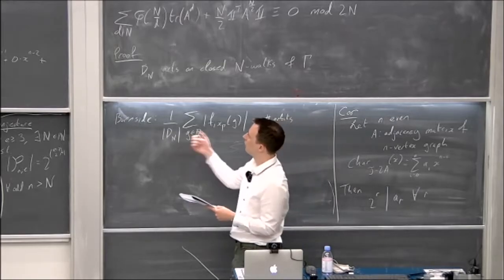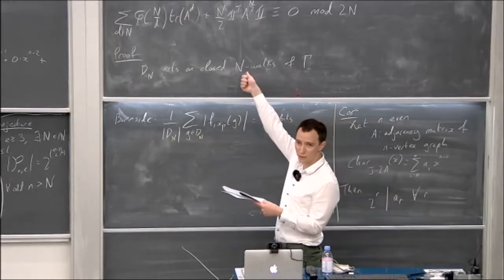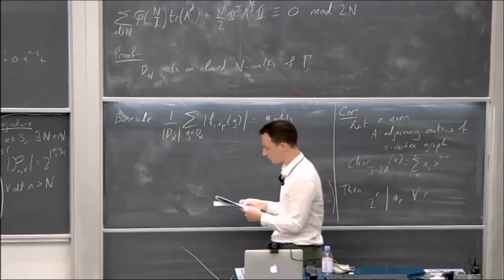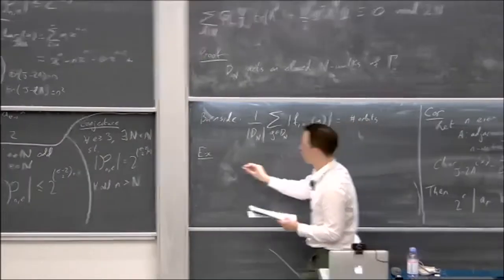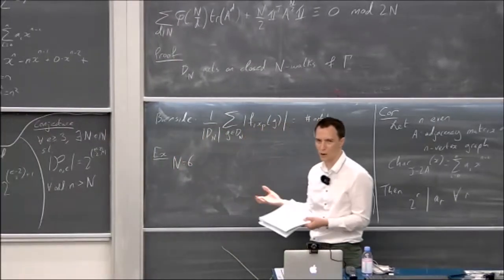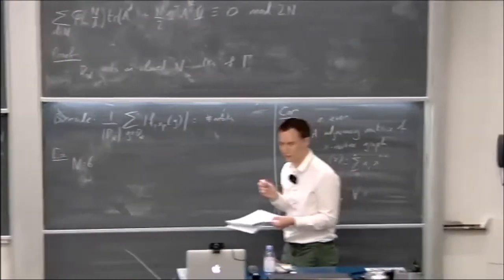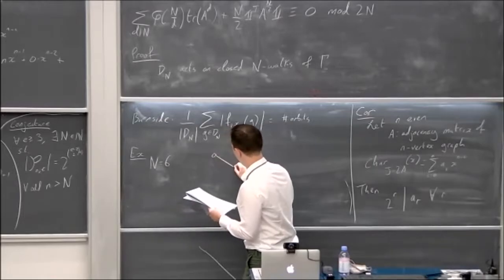And so now I'll just give you some intuition of how this relates to the resulting congruence. So let's do an example. I'm going to think about what happens when big N is 6. So I'm looking at closed walks of length 6 in my graph. So I can draw that on a hexagon.